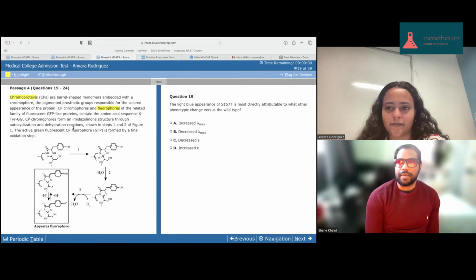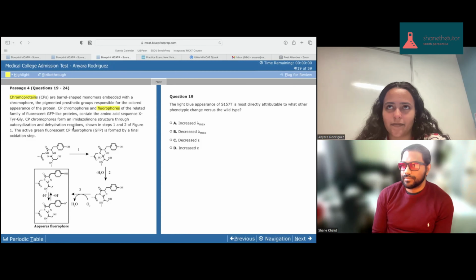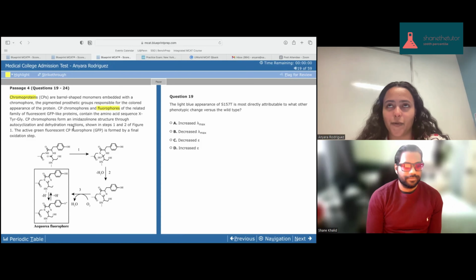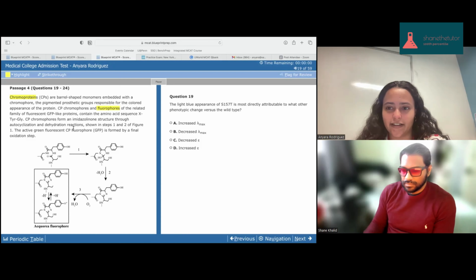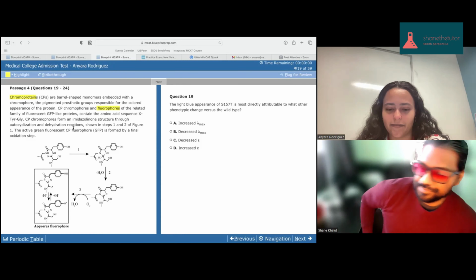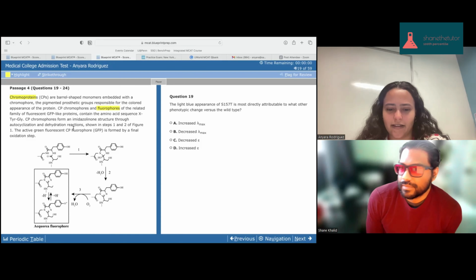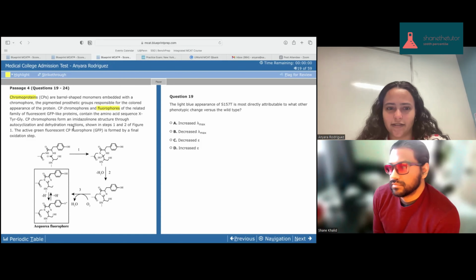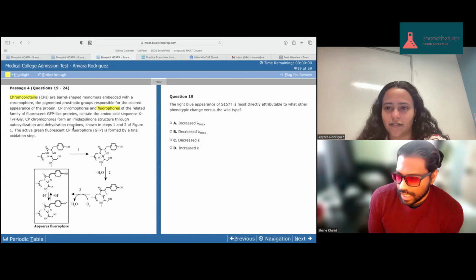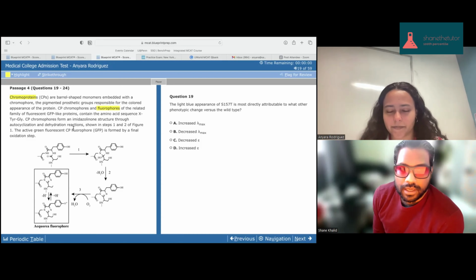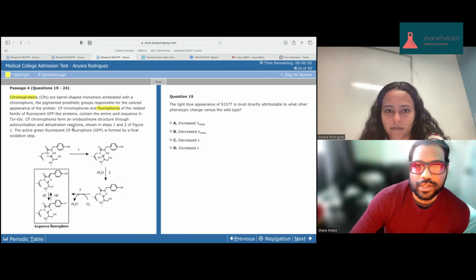What do you typically see happen? You're going from a higher energy state to a lower energy state, so you emit photons in the process.